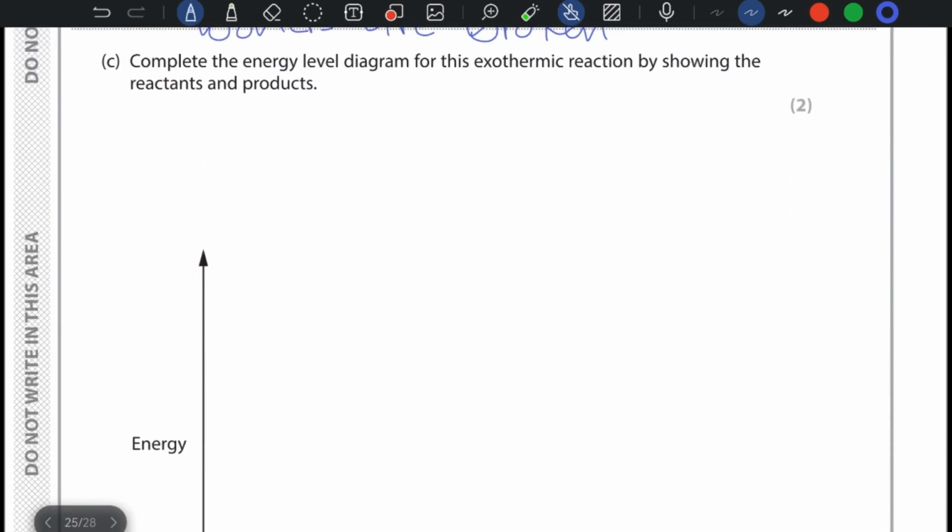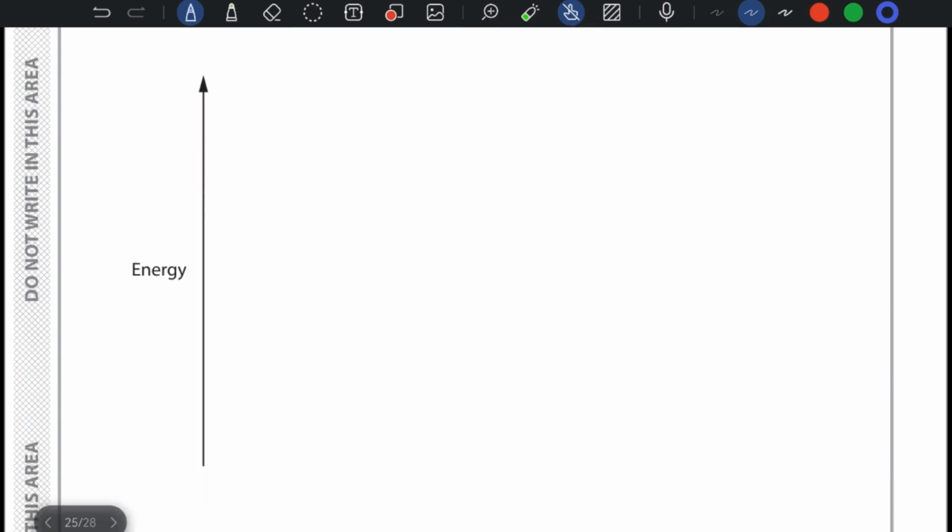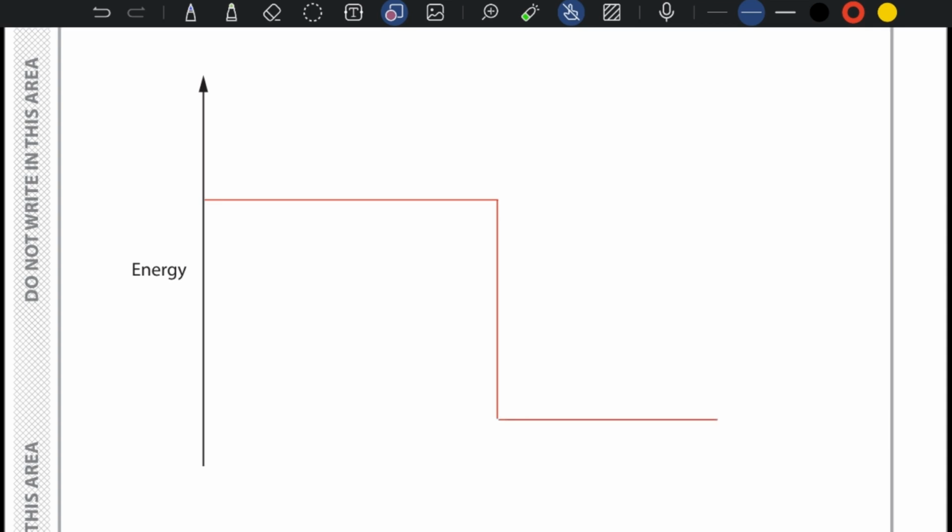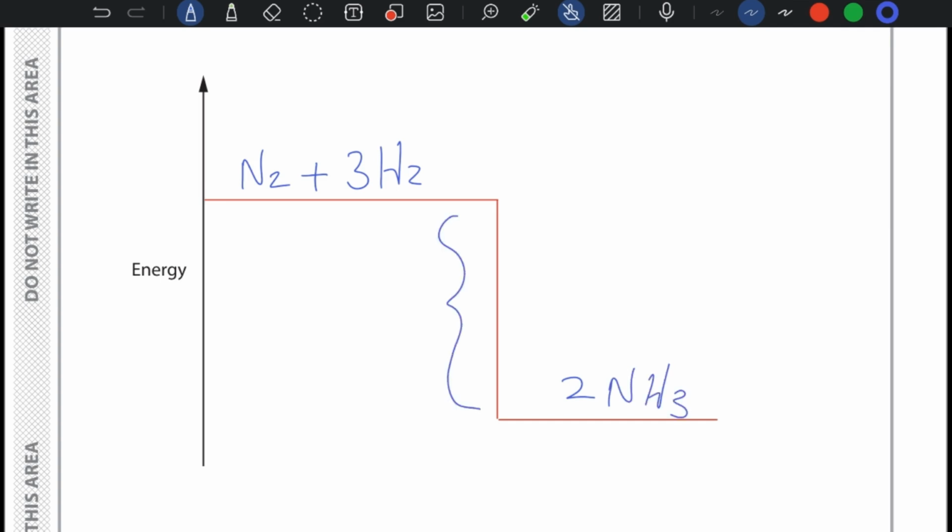Next, complete the energy level diagram for an exothermic reaction by showing the reactants and the products. We just put a line right here, for example, and another one right here for an exothermic reaction. Here we write N2 plus 3H2, 2NH3 as the product, and for this part, delta H is equal to minus 76 kilojoules per mole. We can do it as an arrow.